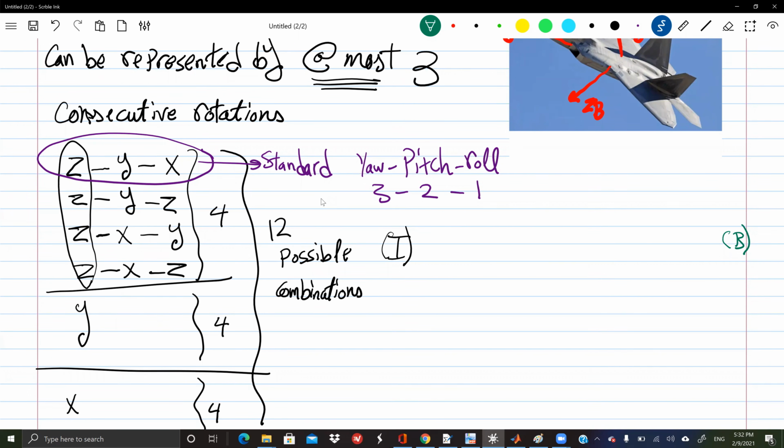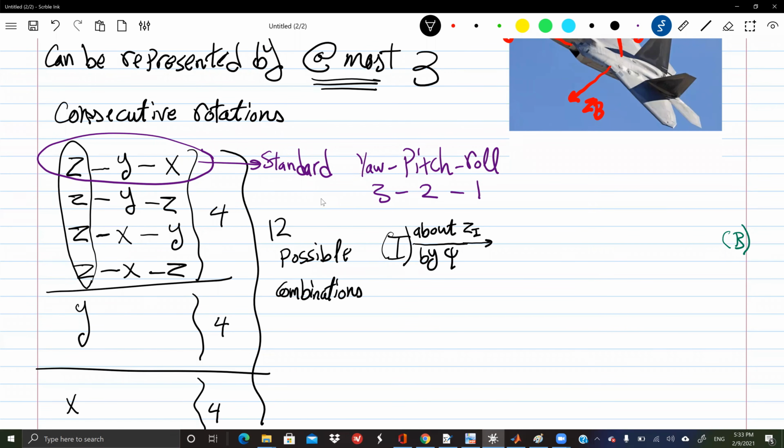So let's do it. At the beginning, I have XYZ inertial. I'm going to do 1 rotation at a time. I'm going to rotate about Z inertial by an angle psi, to arrive at a new frame, XYZ.